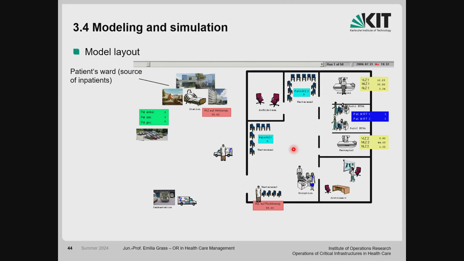The patient ward, this is the inpatients, so they're coming from some kind of building, and the outpatients are coming from the parking lot, so they're coming from outside. And we have the Department of Transportation Service. These are necessary for the inpatients, and here this is our radiological department.